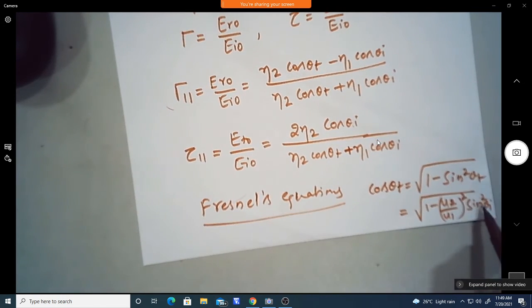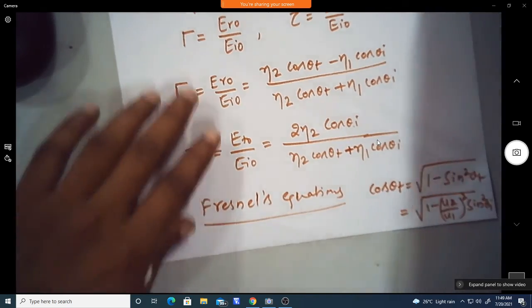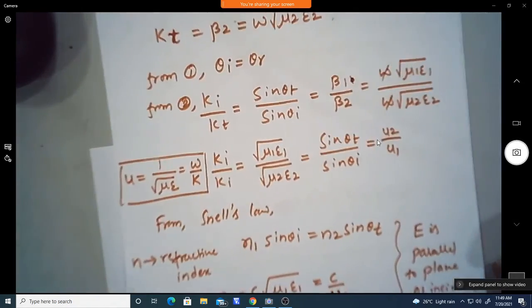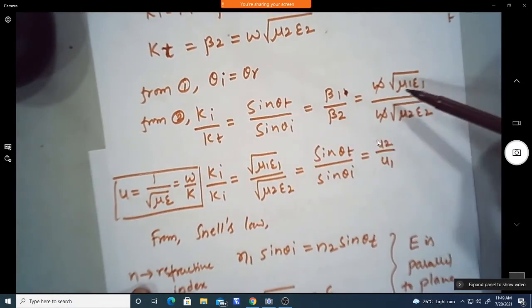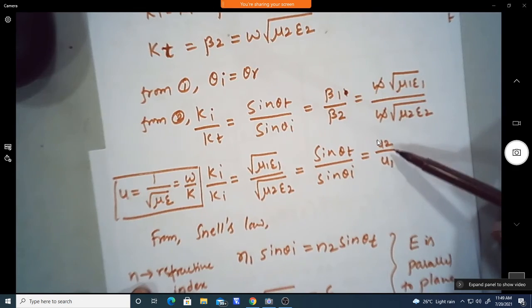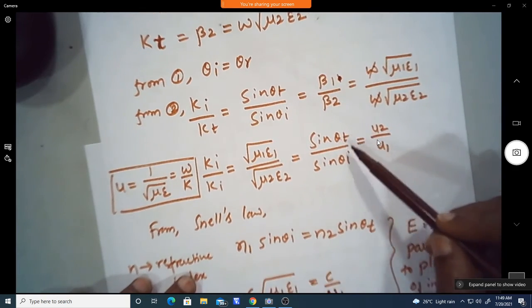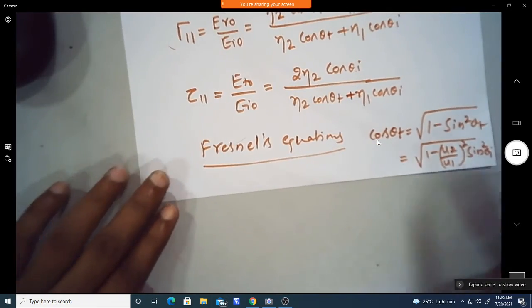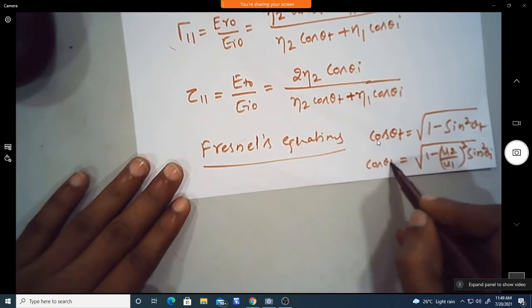So sin square theta t in terms of wave velocity we can write. Earlier we had sin theta t by sin theta I equal to the ratio of phase velocities, so sin theta t is u2 by u1 into sin theta I. That is what we have replaced here, and we get cos theta t in terms of sin theta I.